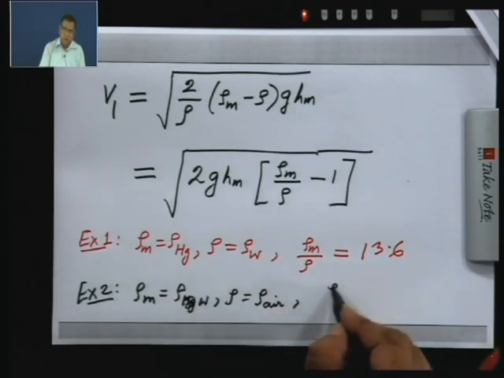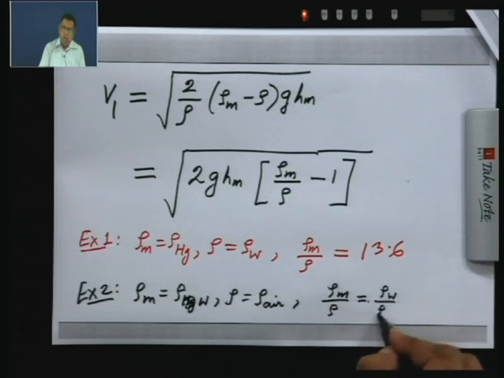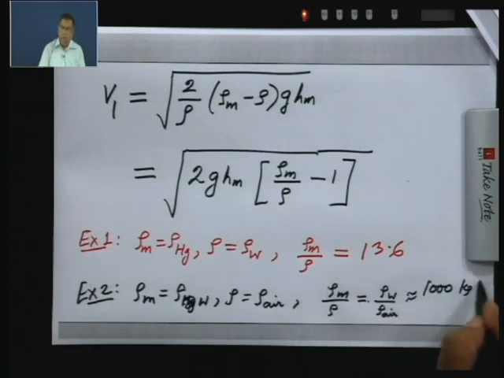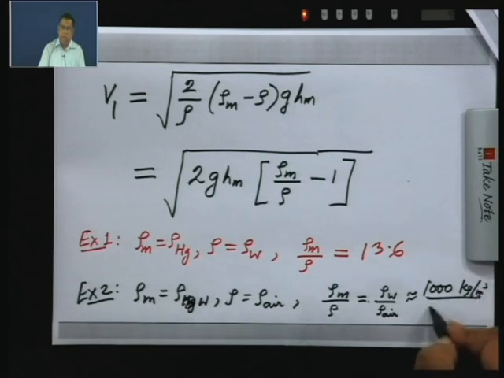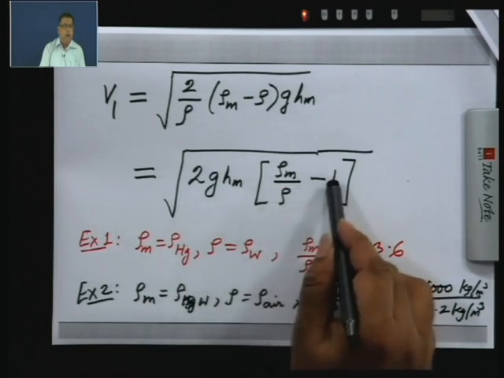Now, rho m by rho is going to be the rho of water by rho of air. So, this will be of the order of 1000 kg per meter cubed, and this is of the order of 1, or you can say 1.2, whatever it is, kg per meter cubed.